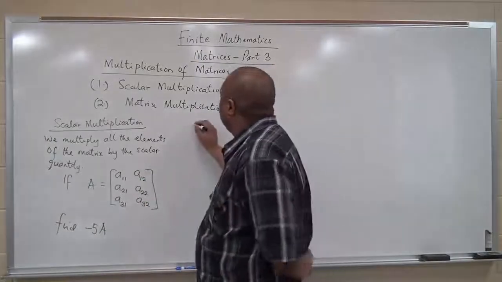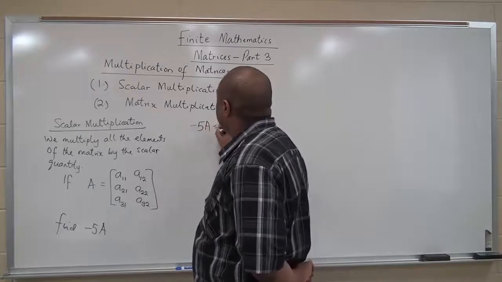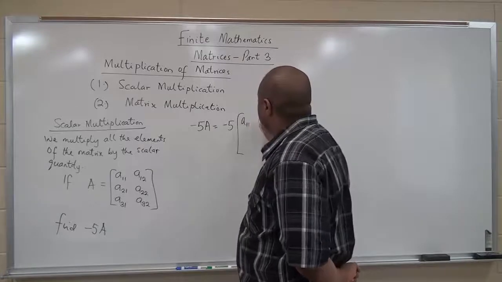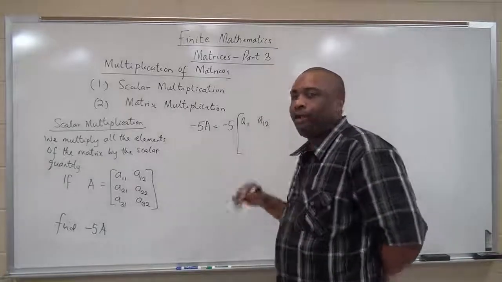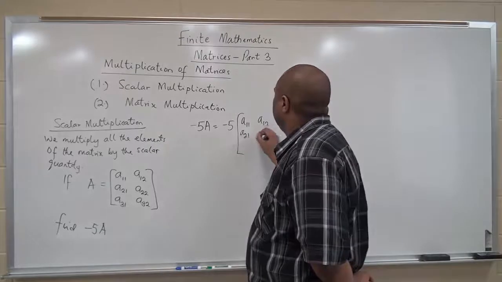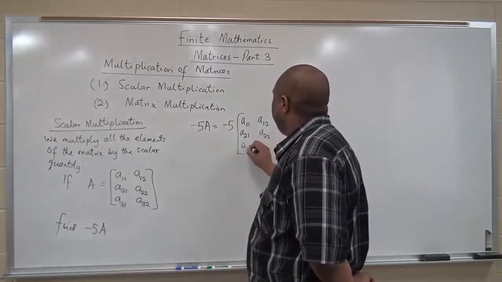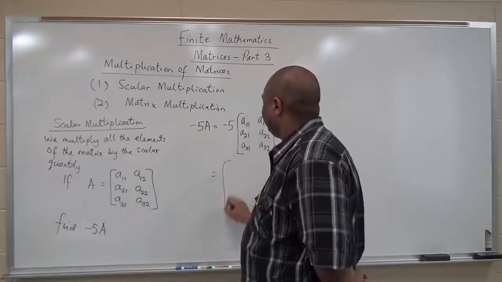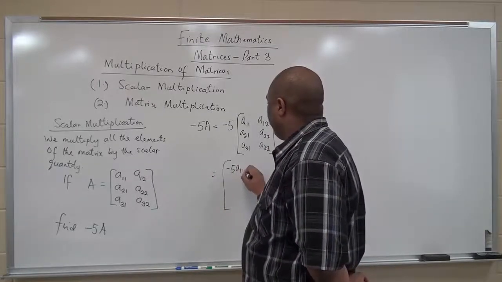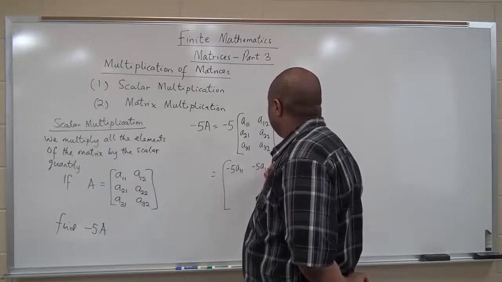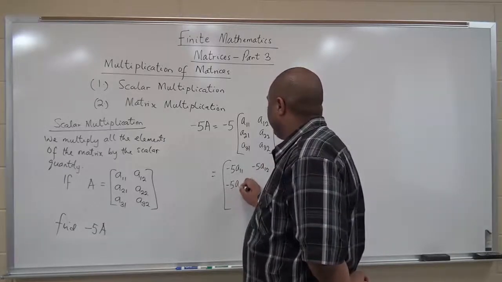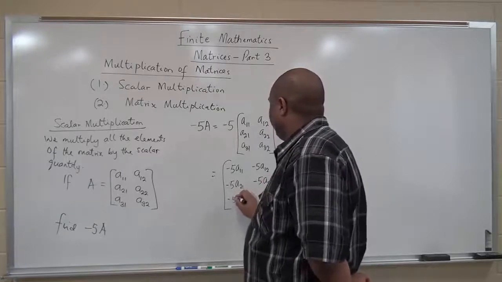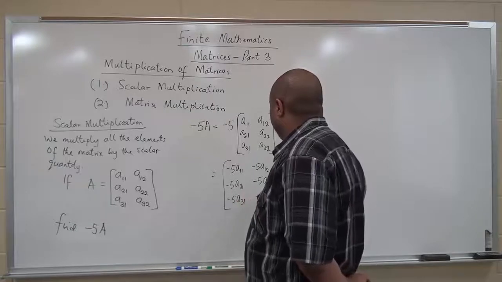So negative 5A gives negative 5A11, negative 5A12, negative 5A21, negative 5A22, negative 5A31, negative 5A32.